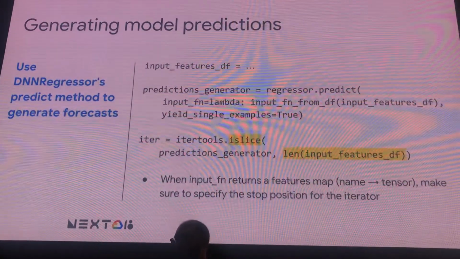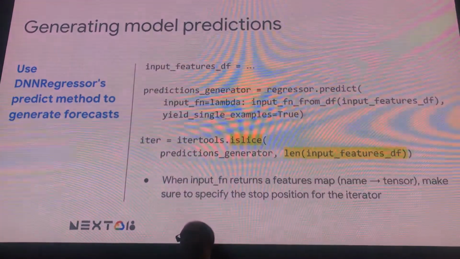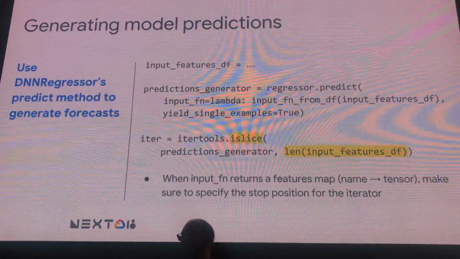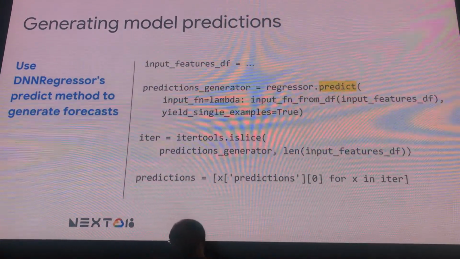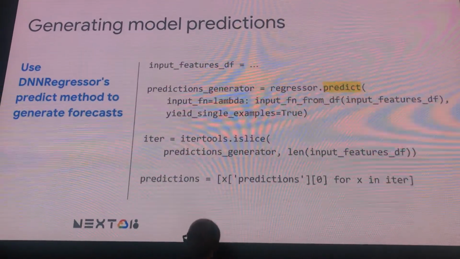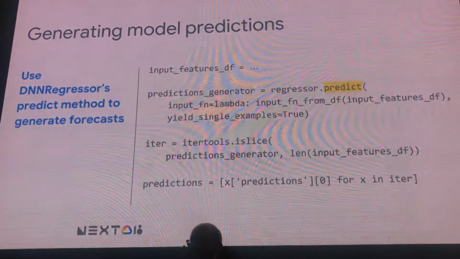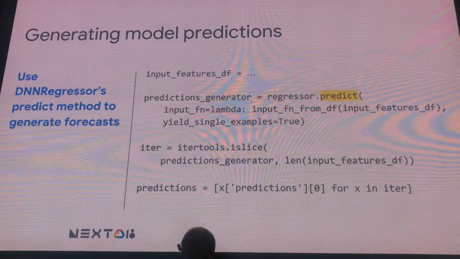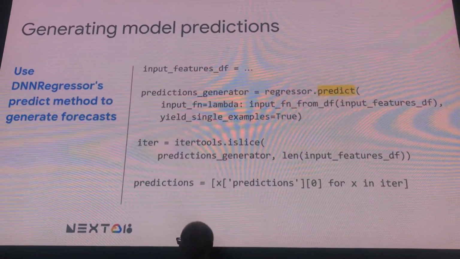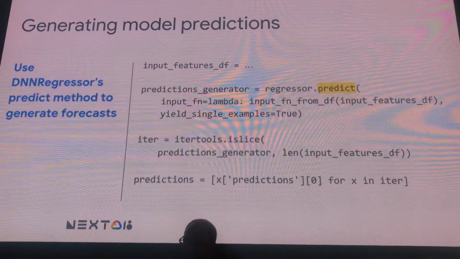And here it's important to specify the number of steps in the iterator, otherwise it may never stop. And then as we iterate, we get this list of predictions which correspond to rows in the data frame. So the length of this list will be exactly the length of the data frame, the number of rows.